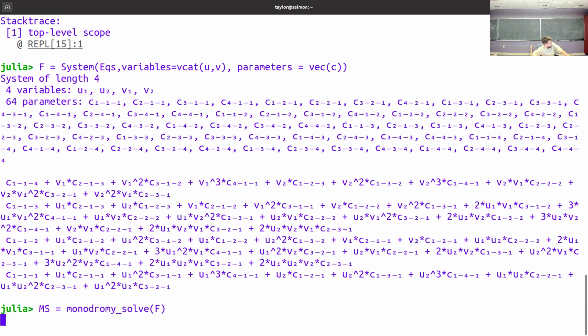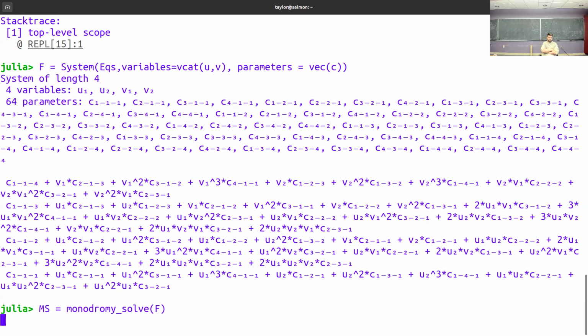So let's solve. And now we wait. So what's this going to do? It's going to pick a line first and find a cubic that contains it. It's going to do that automatically. That's because if I replace all the U's and V's in here, i.e. I choose a line, finding C's, i.e. finding a cubic, which makes this equation true, is a linear algebra problem.